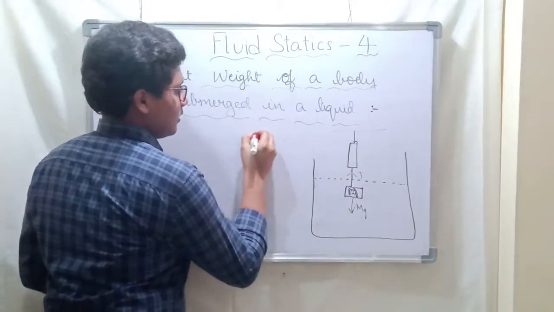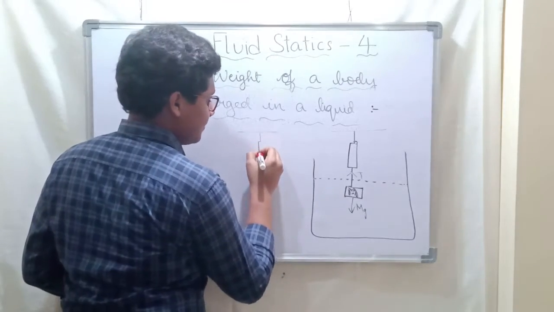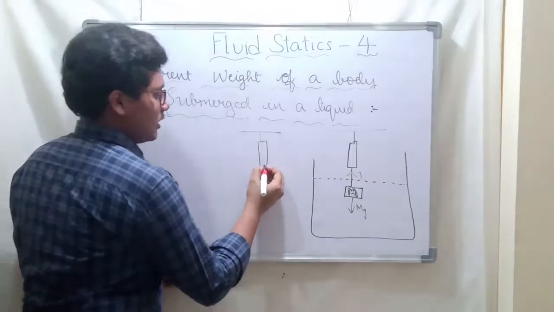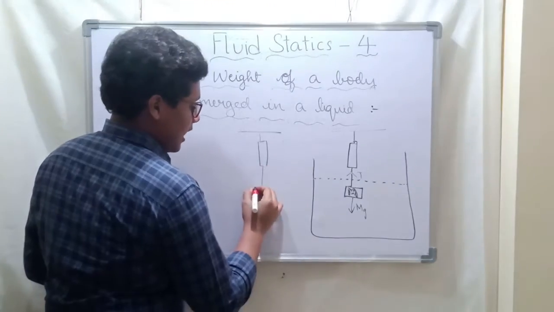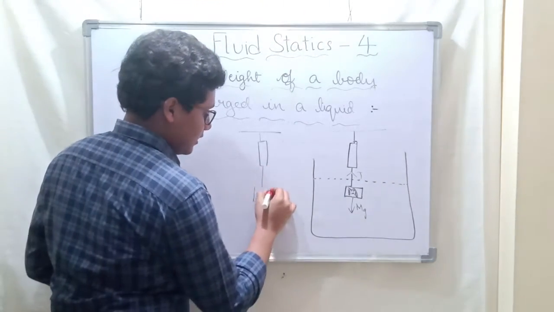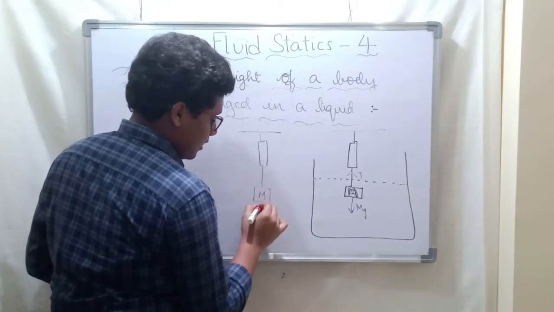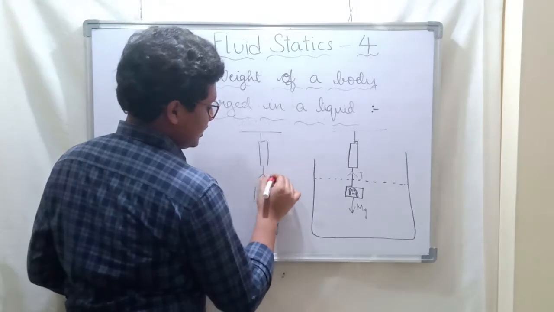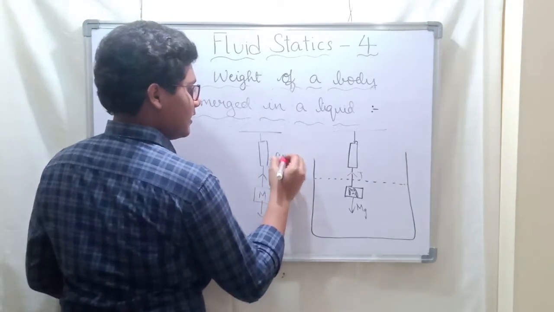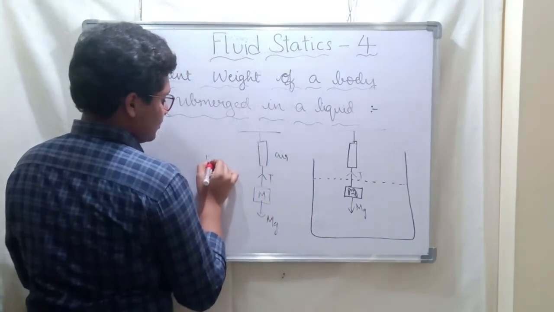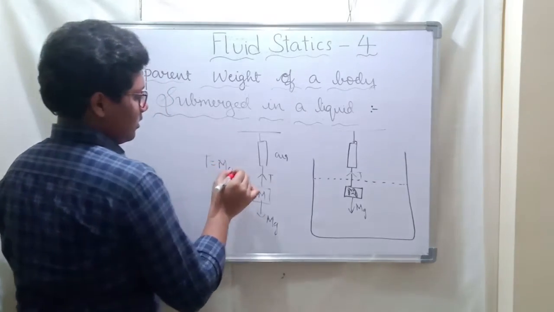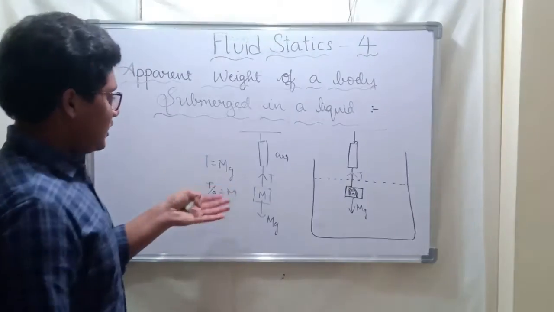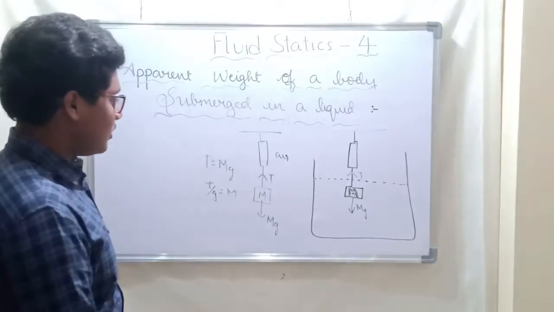If we take the reading in air, then mg is acting downwards, tension upwards. This is the reading in air. So T is equal to mg, T by g is equal to m. So the reading will be T equals mg, with no external force.